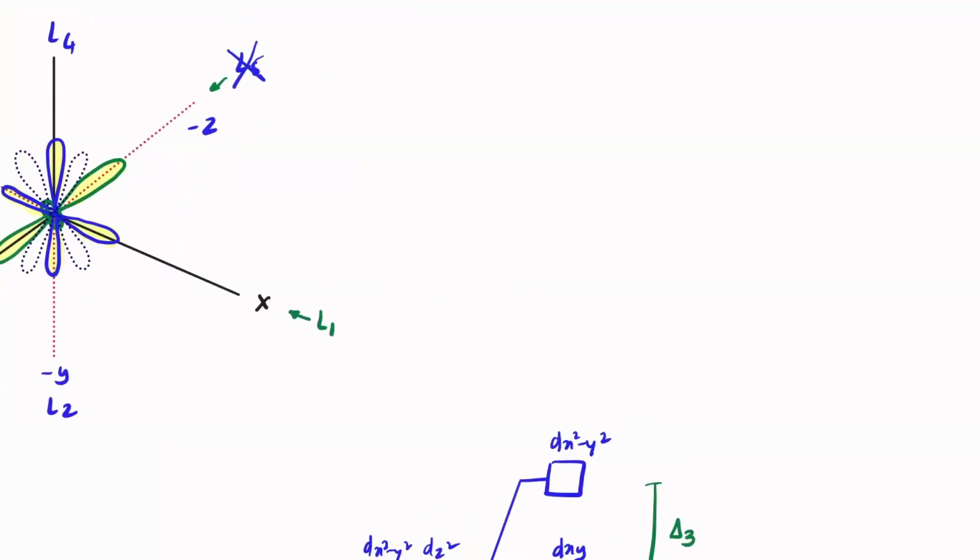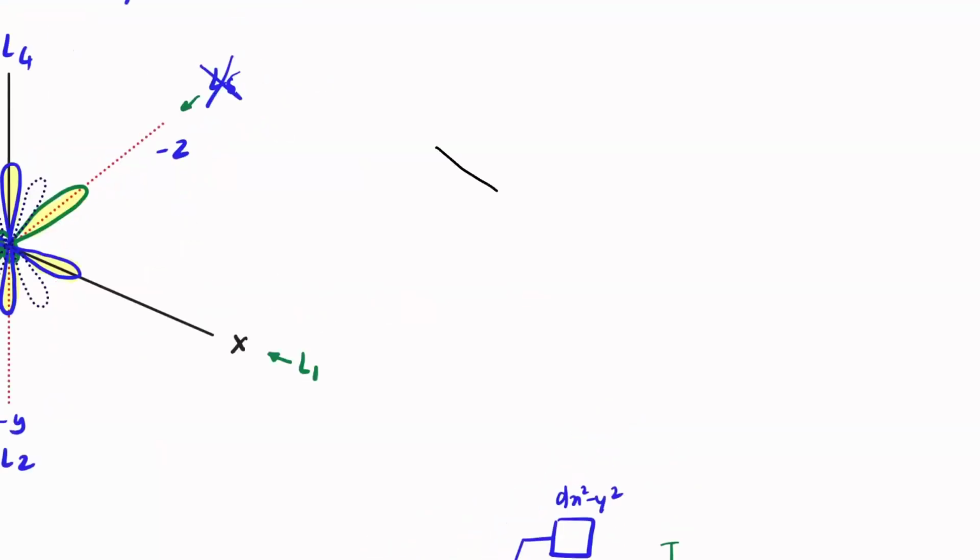Suppose you have an orbital like the dx square minus y square orbital, like this. This is the x and y plane. Imagine this entire thing is the plane, the xy plane, and the ligands are approaching on this plane only: ligand 1, ligand 2, ligand 3, and ligand 4.